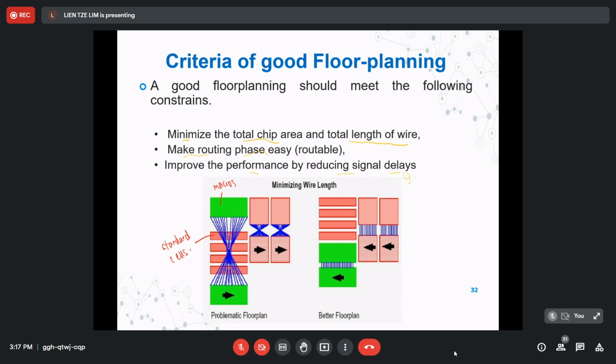One is by reducing the signal wire length. This is what I wanted to mention just now: to reduce the signal delay, we can actually reduce the signal wire length.